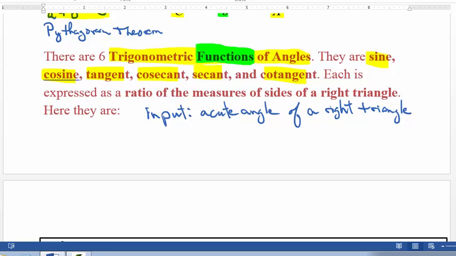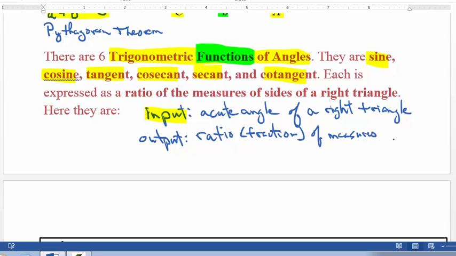So that's the input, or the x, if you want to call it x and y. The output is actually going to be a ratio, which is a fraction of the measures of sides, of the lengths of sides of the right triangle.